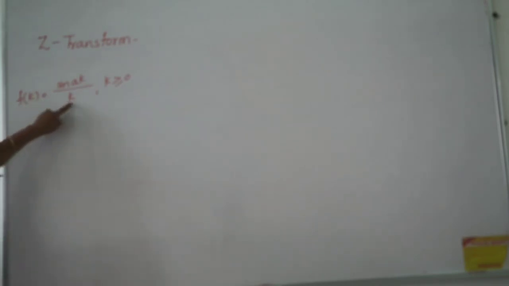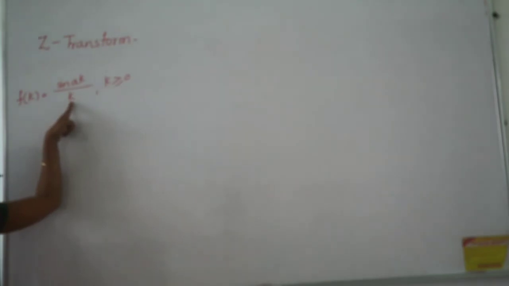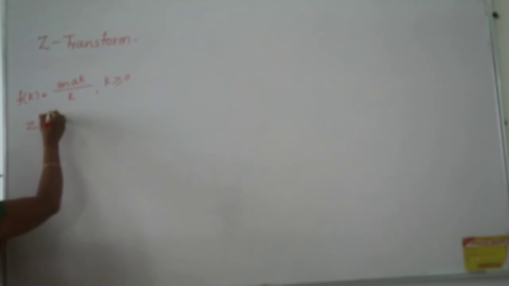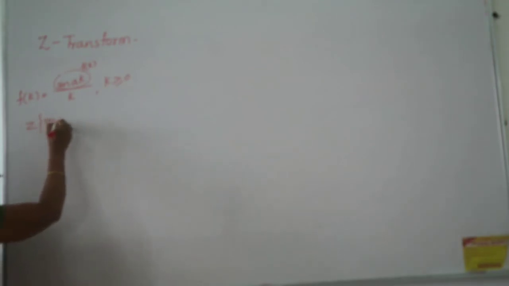Now here it is upon k, so here is the division by k property, and you don't have as big a variety in division by k property as you have in multiplication. So first of all the numerator I will consider as a function, whose Z transform we are considering as f of k, whose formula I know. So sin ak. What is my alpha value?